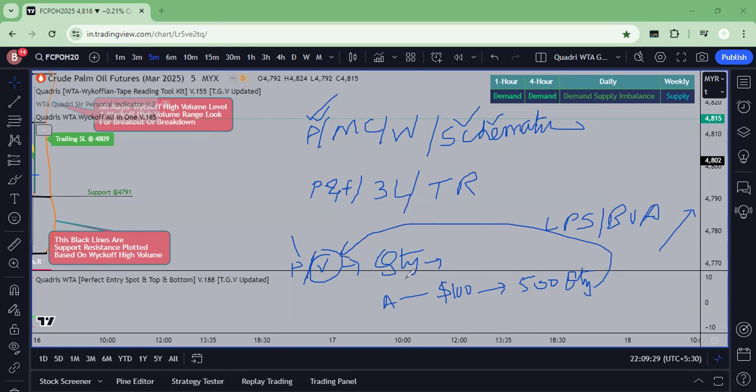Everybody knows that we don't get the exact quantity. No exchange, in whatever market you're trading, releases the exact quantity, because it is always kept hidden from normal traders. So you'll not get the exact quantity, whether 50, 500, 5,000 or 5 lakh.